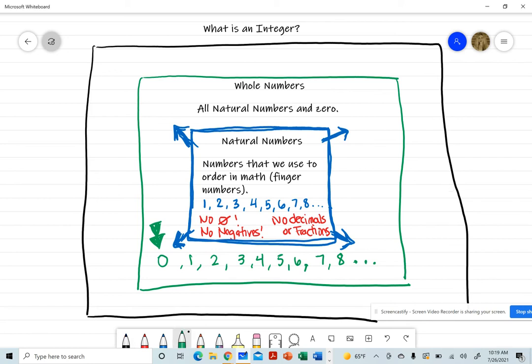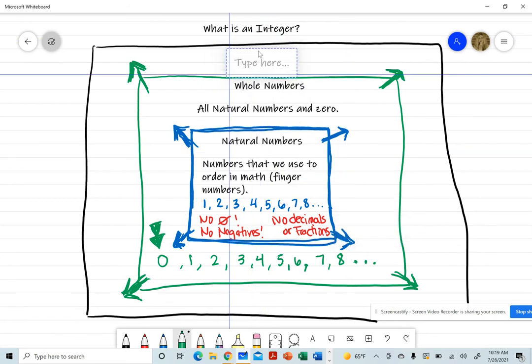Just like natural numbers expanded into whole numbers, whole numbers also expand into integers. So this is also going to go up. So what's our last category? A lot of you probably guessed it because I kind of just said it and gave it away. And it goes right here.